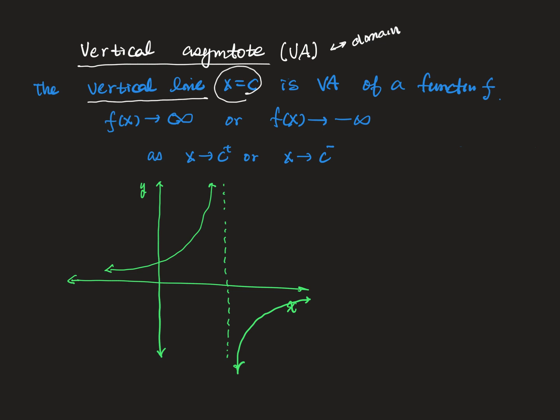That's the vertical line. Let's say this is the c value. Look at the shape of the graph. X approaches from this direction or this direction, from less than c or greater than c, coming to c. Y values go up, keep increasing, or y values go down, keep decreasing. We call this line the vertical asymptote line. This is very related to domain. Okay, guys, remember that.